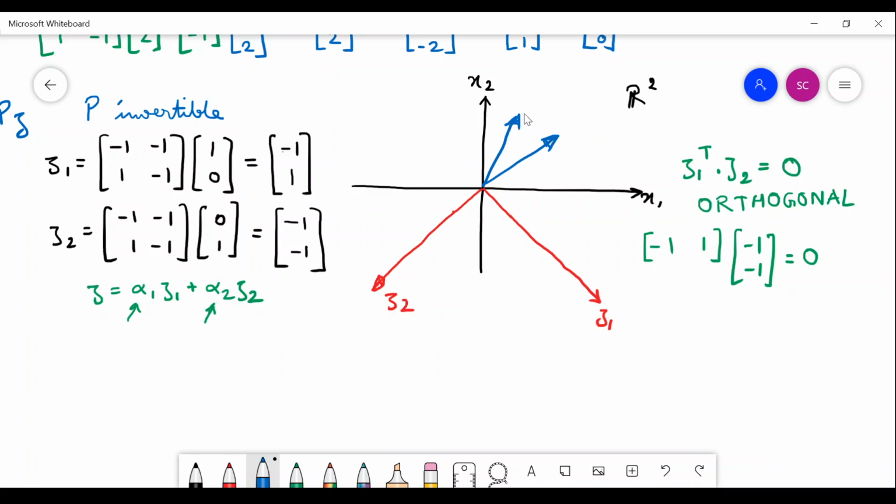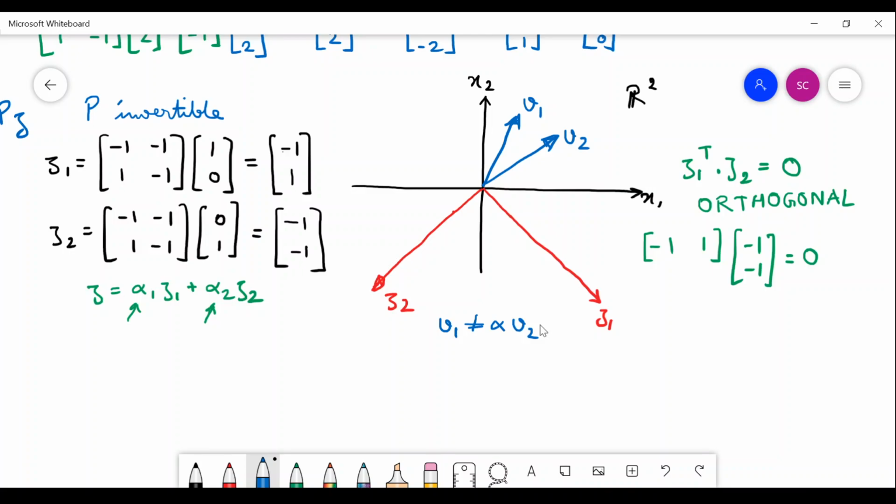Suppose this is a vector v1 and this is a vector v2. If v1 cannot be expressed as a scalar multiple of v2, then these two vectors are independent of each other. This is very simple to understand. They are independent.